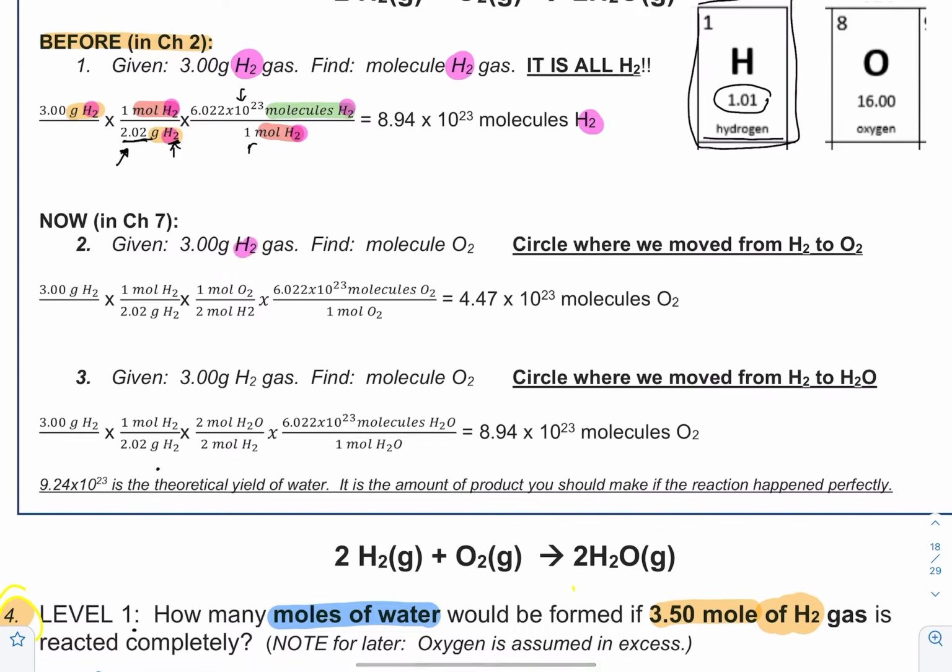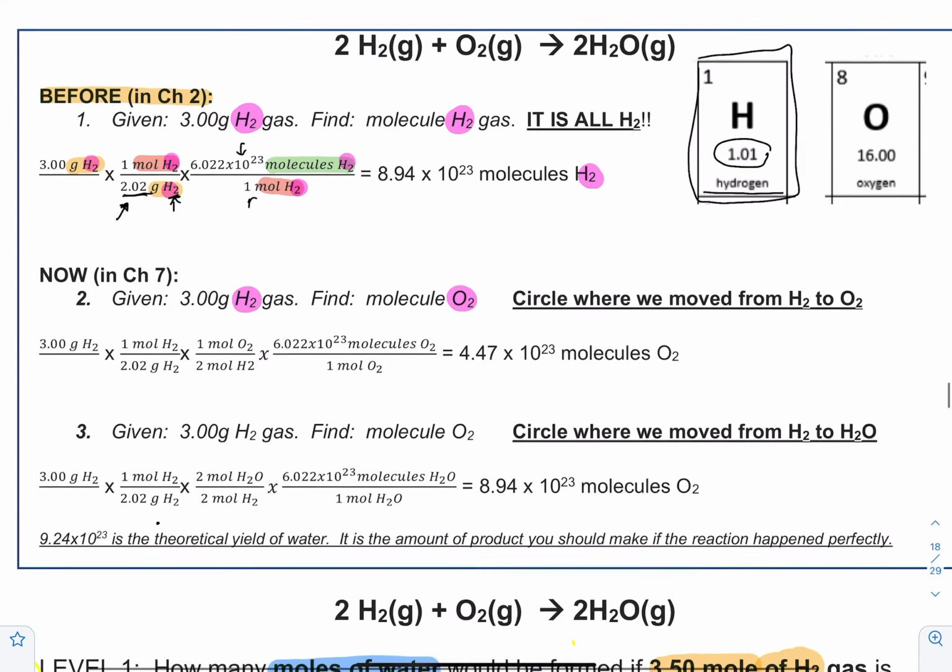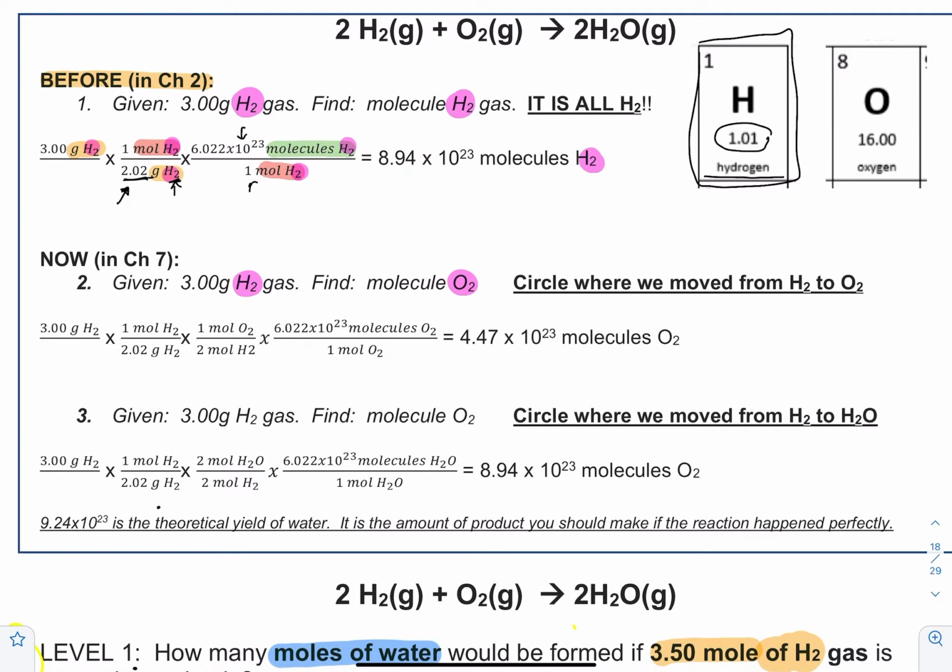We start with this H2 gas, and now we're going to find out something about O2. The only way to switch between one element and another is with this chemical reaction, by looking at the coefficients. So if I do the H, that's how many H's there are compared to how many O's. You'll notice that, again, the only number I have is that 3 grams, so I start with that.